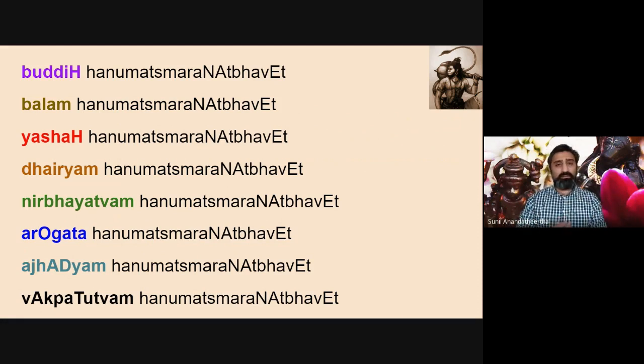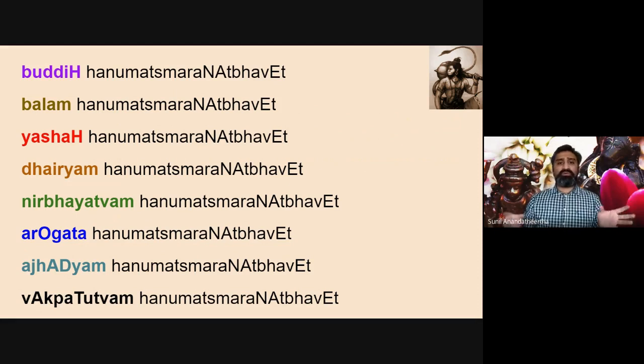So when you pray to Hanumanta with this wish, then he will bestow buddhi upon you. That means he will increase your intellect. That is what you're praying for. Buddhihi hanumat smaranat bhavet. So it is an absolutely essential skill, right?